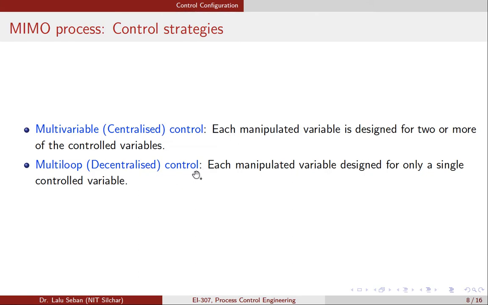But in multi-loop control, each manipulated variable is designed for only a single control variable. Even though, whenever you change one manipulated variable, because of the internal relation, it may affect more than one output, from a control point of view the controlling of one control variable will be done by one manipulated variable. What about centralized? Control of two or more control variables will be done by every manipulated variable. Fine.